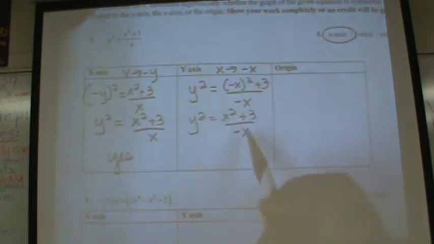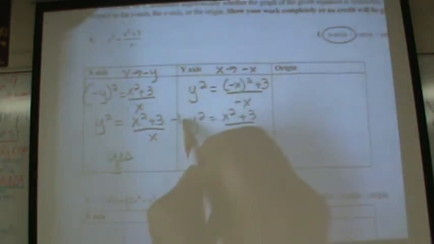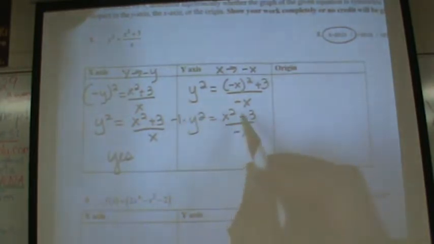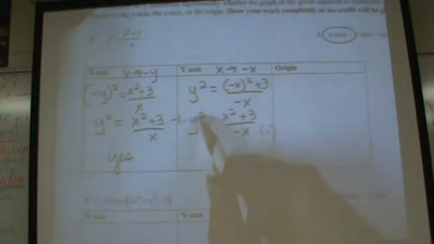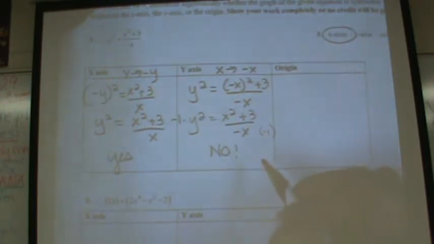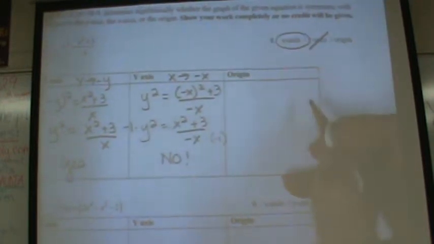Now, it's not back to its original state, but if I multiply both sides by -1, and I can float my -1 to the top or bottom. If I choose to do the bottom, I could do a -1 down here, but this will turn positive, but this is still going to be negative. So there's no way I'm going to get this back to its original state. So it's not y-axis symmetrical.